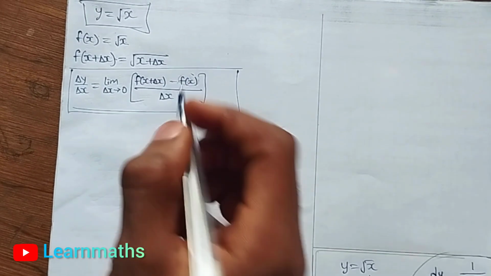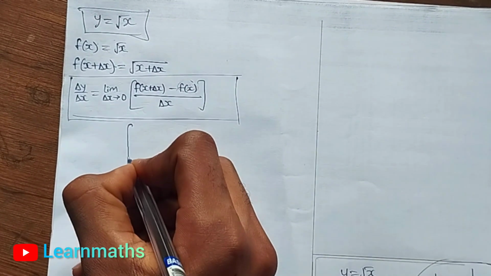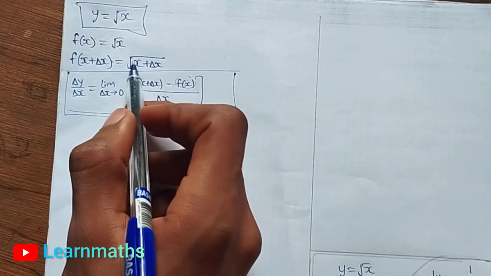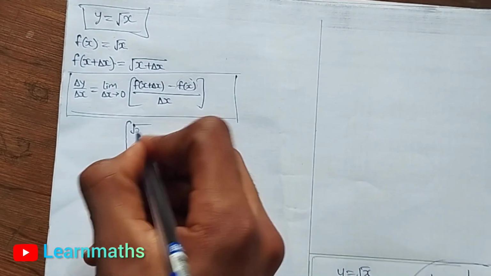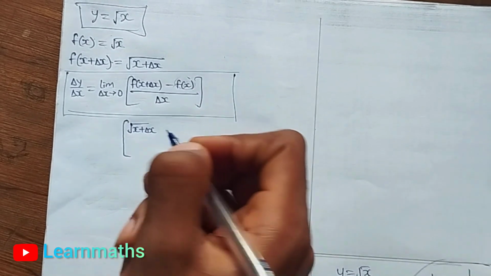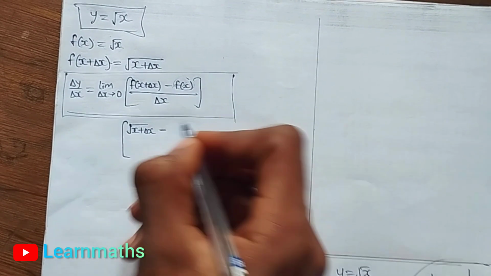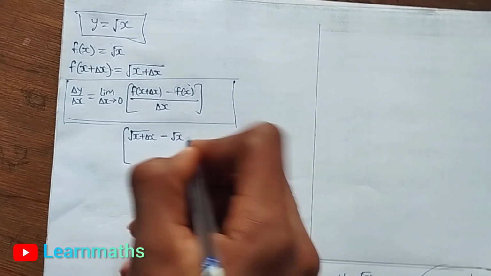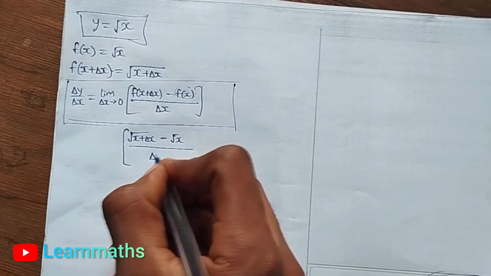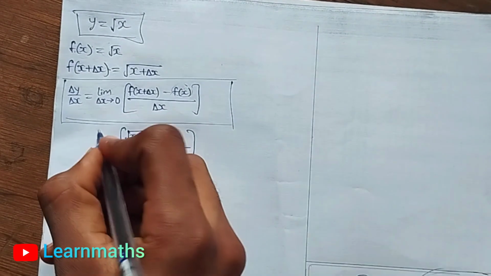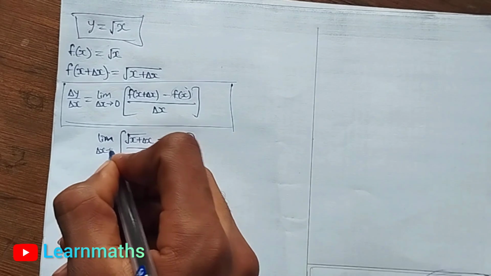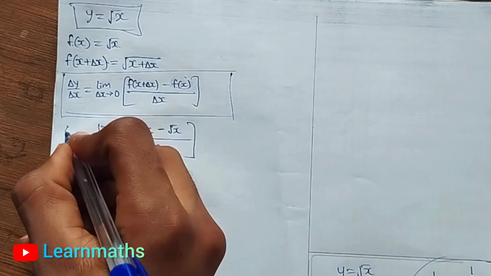So this right here is going to be, what do we have as f of x plus change in x? That's square root of x plus change in x, right? Then we have the minus sign, the negative sign, and we have f of x here, and that's just square root of x, right? Everything is going to be divided by change in x. We're actually going to take the limit of this at the end of the day.